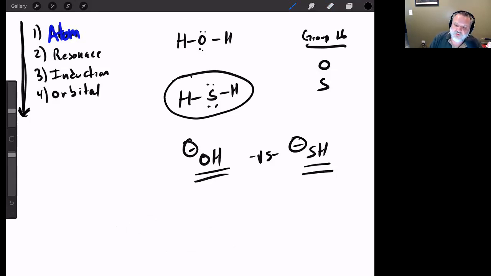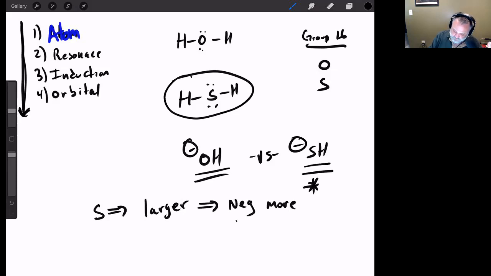Well, it turns out that it's more stable on sulfur. It's more stable on sulfur because it's larger. Since it's larger, the negative charge is more spread out. This means that it's more polarizable.